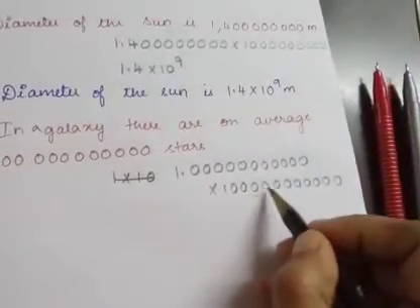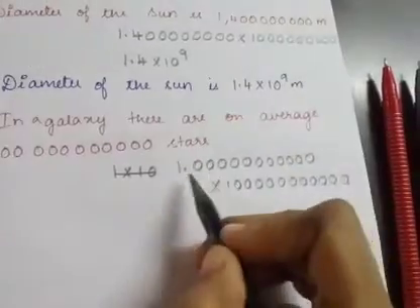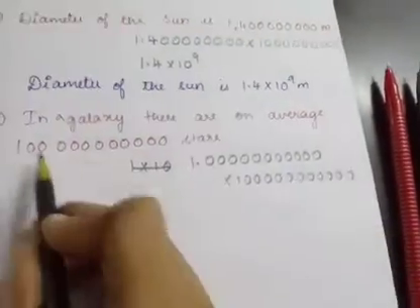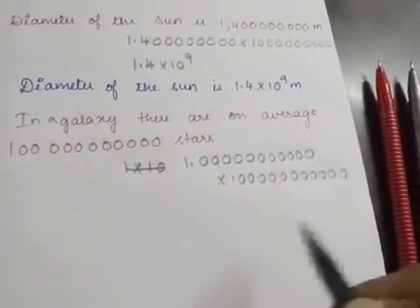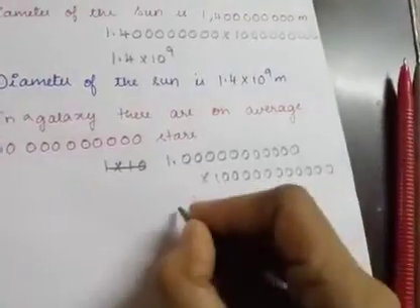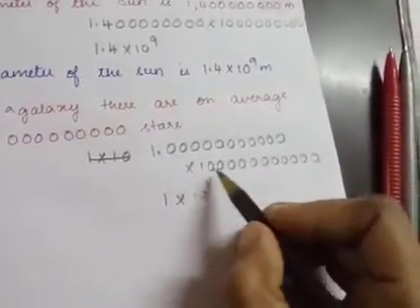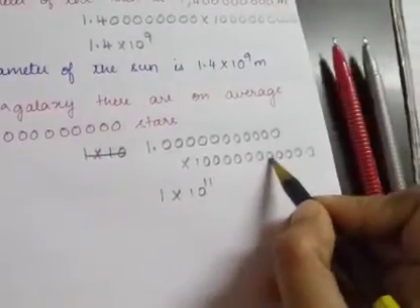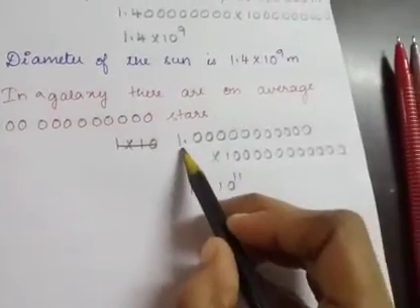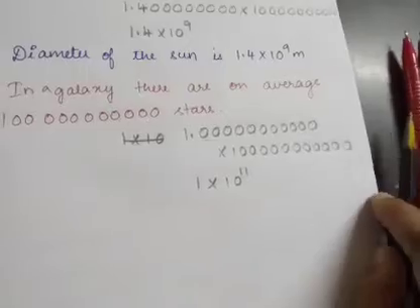So how will you write it? 1.000 is nothing but 1 into 10 power 11, because after 1 everything you can neglect. So 1 into 10 power 11.